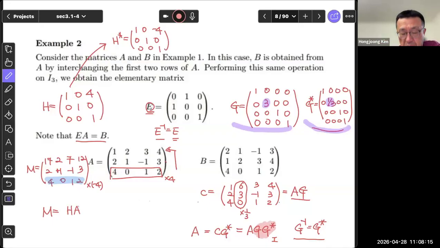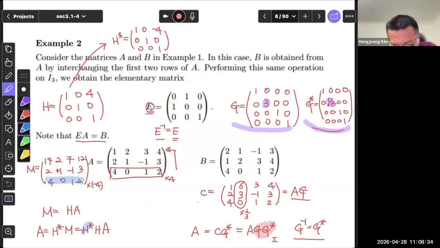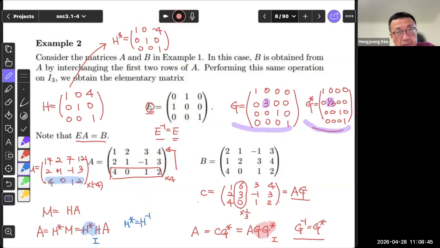Now, given this, I can go back to A from M by multiplying H star to M matrix, which means H star times H times A will be A matrix, meaning H star times H will be the identity matrix. So H star is the inverse of H matrix.